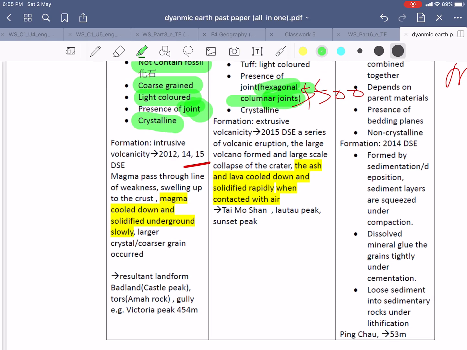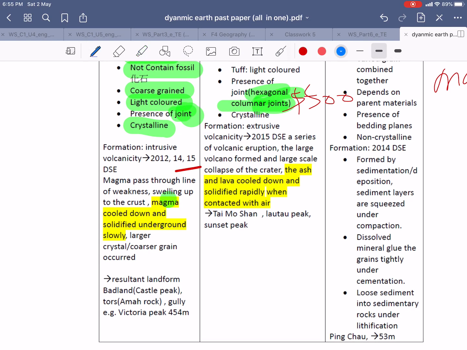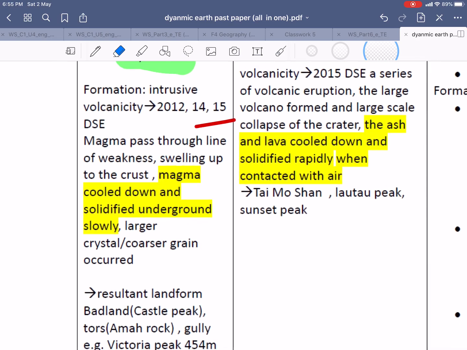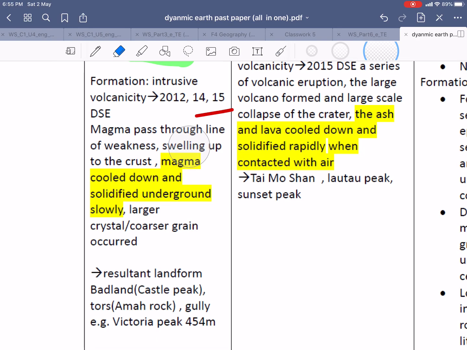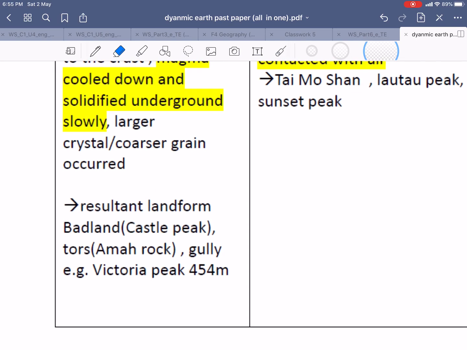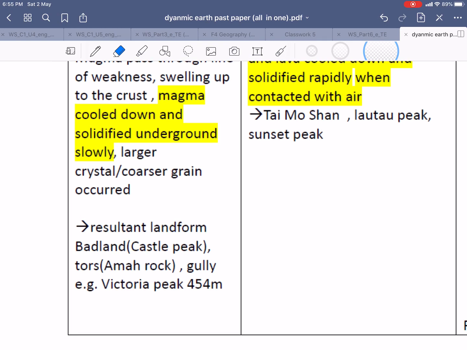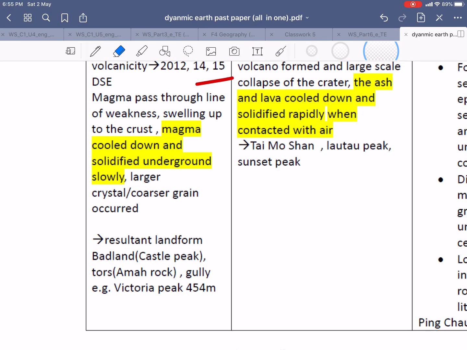Why it's formed like this is because the magma cooled down and solidified slowly, so large grain is constant. And the examples I've pointed out here: we have a lot of landforms, just like Castle Peak tors, Amah Rock in Sha Tin, gullies in Castle Peak as well, and also forming Victoria Peak.